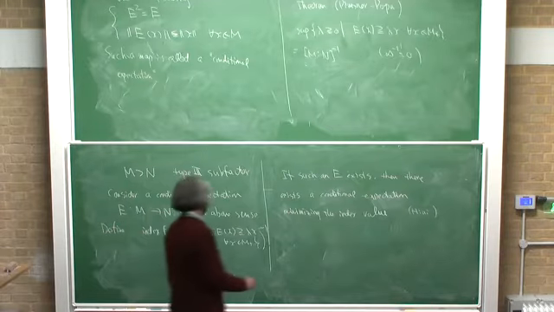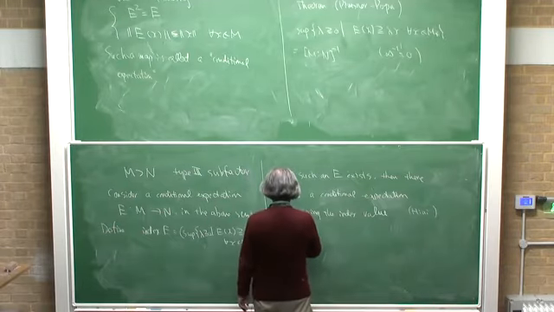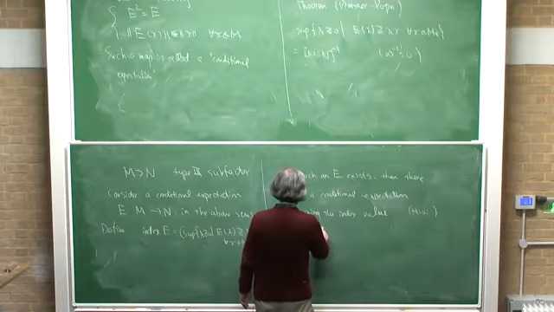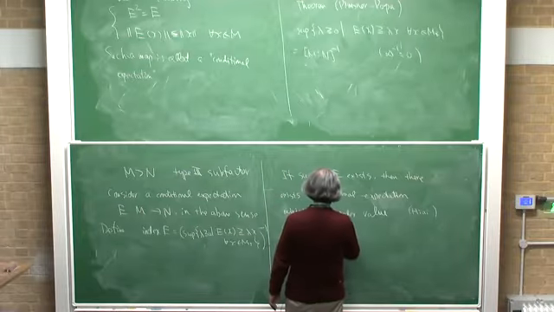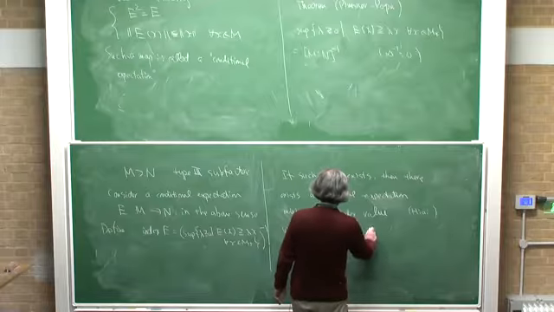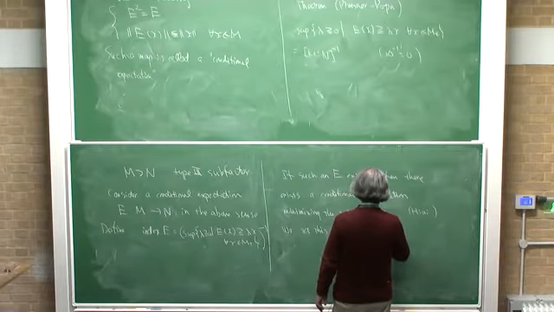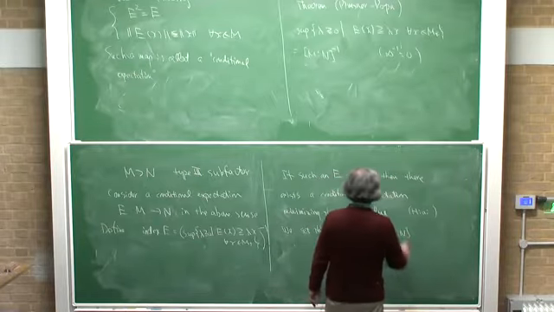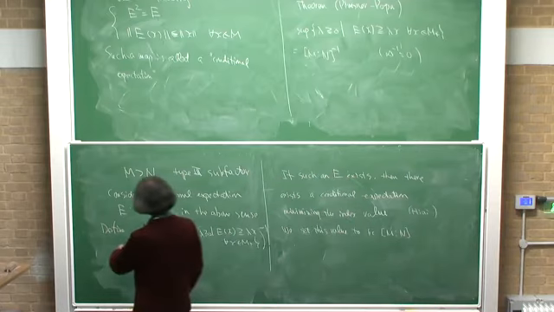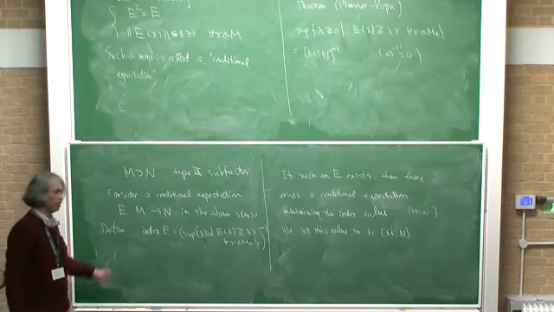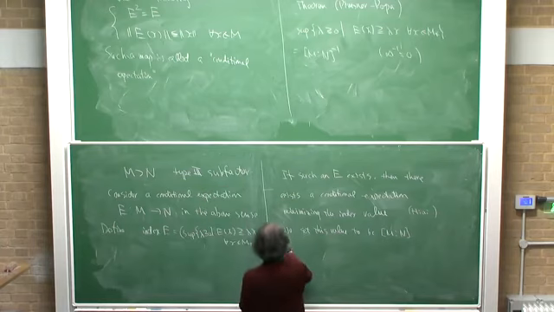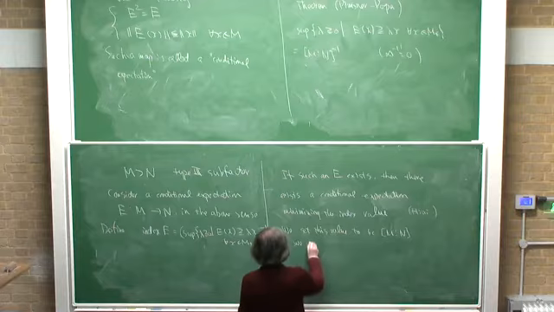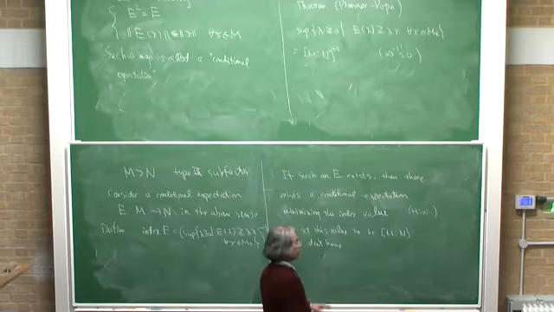So we set this value to be the Jones index. And if we don't have a conditional expectation from the beginning, then the index is defined to be infinity.